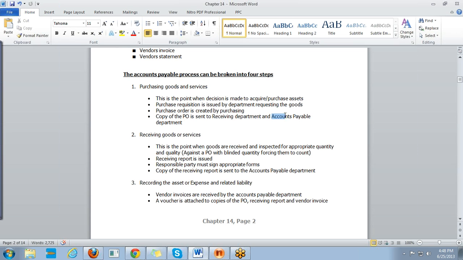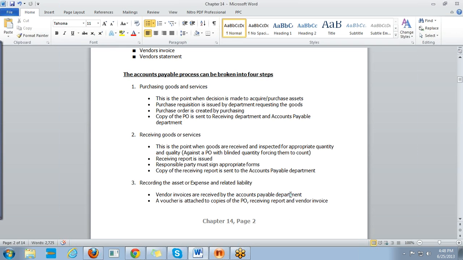Now think again, you got a copy of the PO from the purchasing department. You got a copy of the receiving report from the receiving department, and then the journal entry is done at that time. Now, vendor invoices are received.